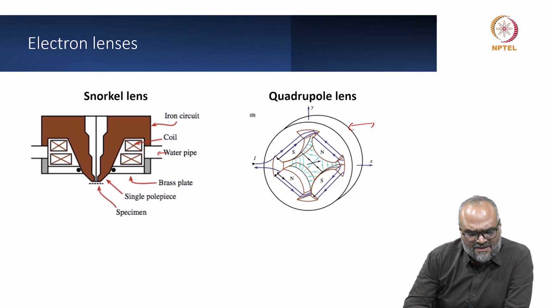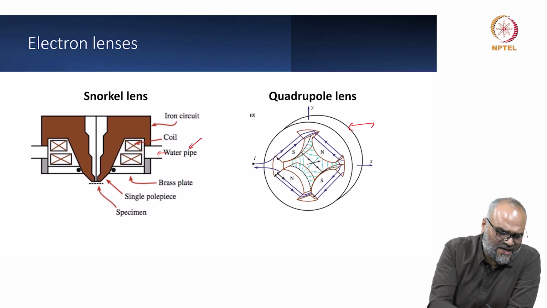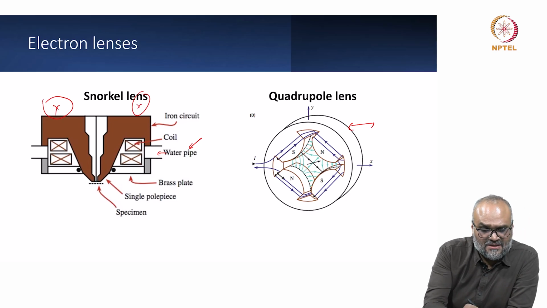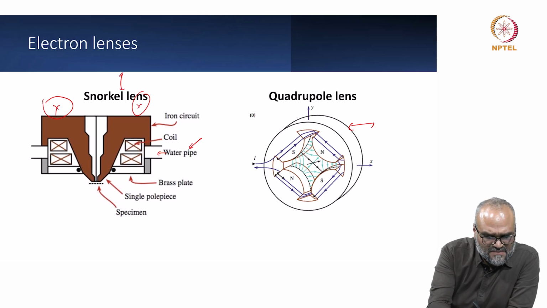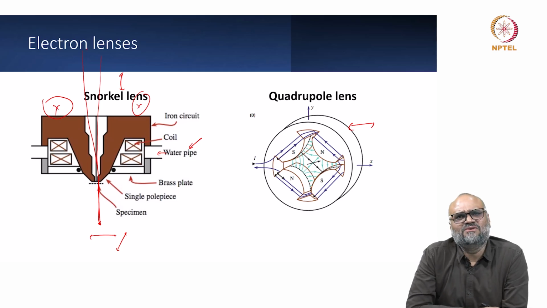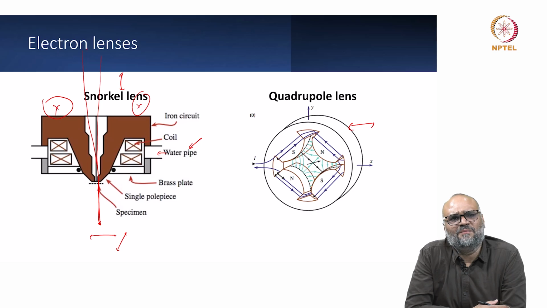Within a scanning electron microscope, typically a snorkel kind of a lens is used, and you have a combination of the other deflection coils, and you also have the condenser before this, and the idea is you want to converge the electron beam to a small probe, and by rastering the probe in X and Y directions by using the scan coils like I was mentioning some time ago, you form an image.